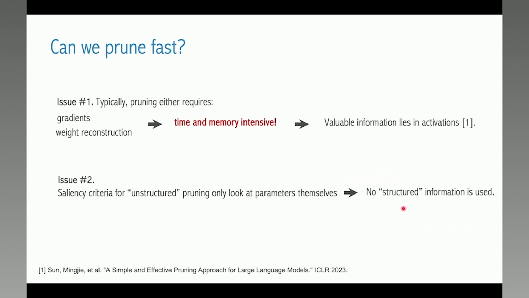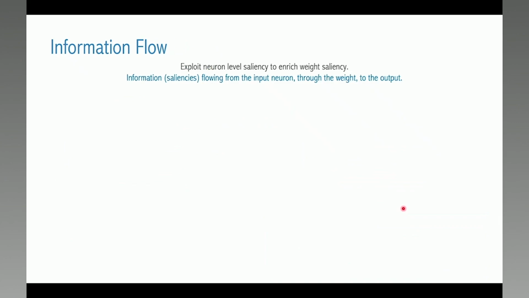A second thing that we took into account to develop our approach is the fact that typically the saliency criteria that are used for structural pruning only look at the parameters individually, so there is no structured information that is used. We want to recover the structured information, and these two principles, the use of activations and the use of structured information, guided us to define this notion of information flow and to use this notion for our pruning approach.